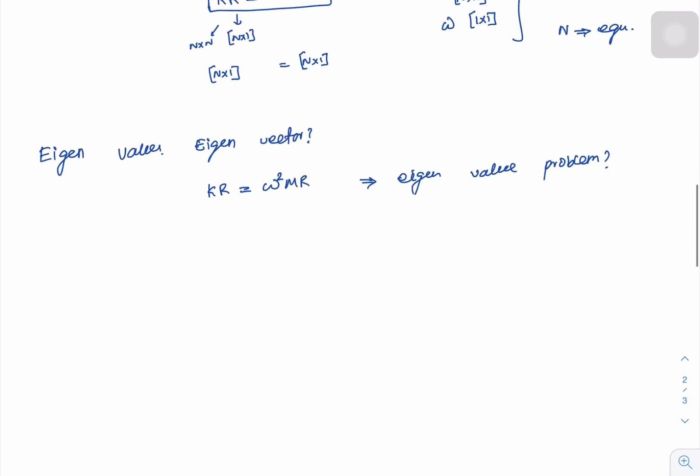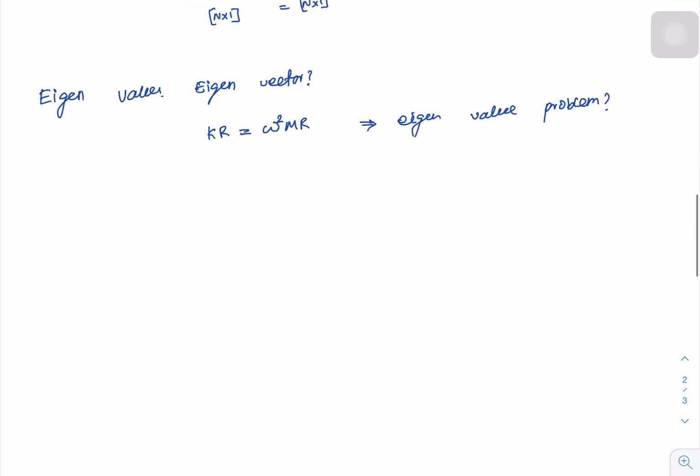Now we want to know what an eigenvalue problem is. An eigenvalue problem is where we have a matrix and a vector. If I multiply the vector on the left hand side with a matrix, that gives some constant multiple of the same vector.